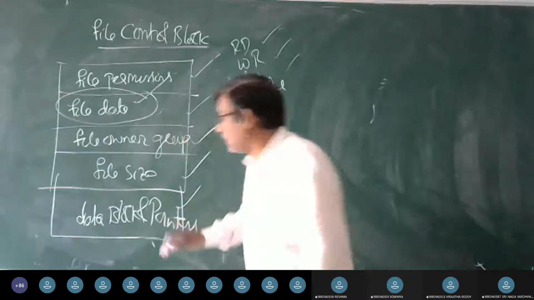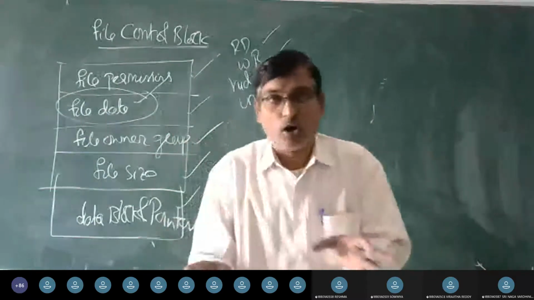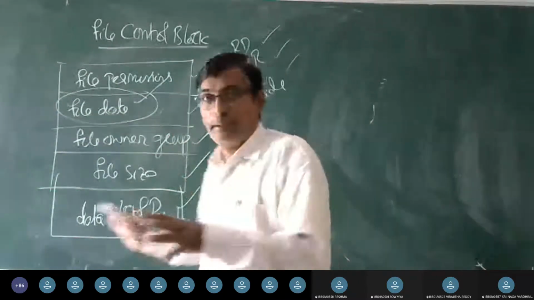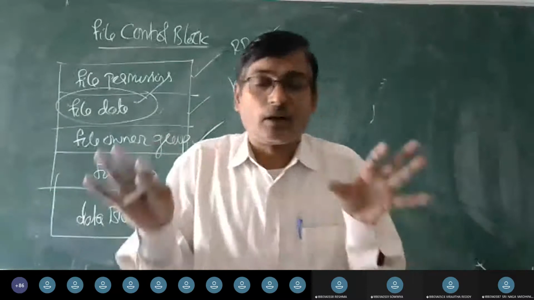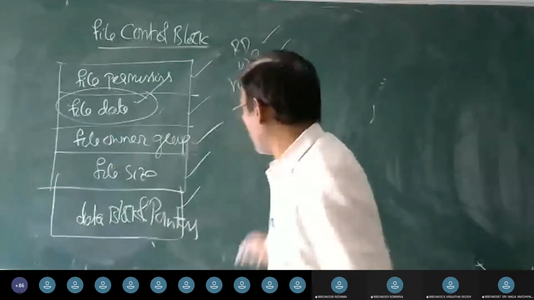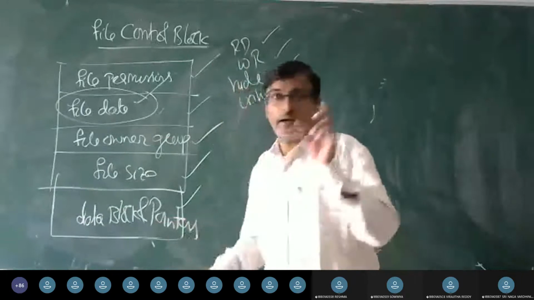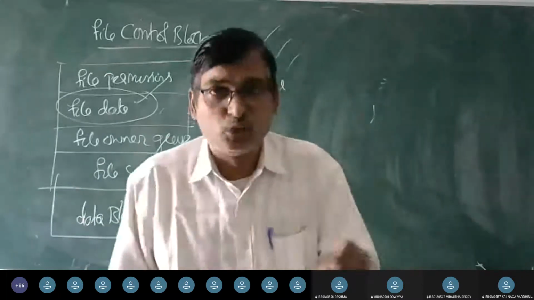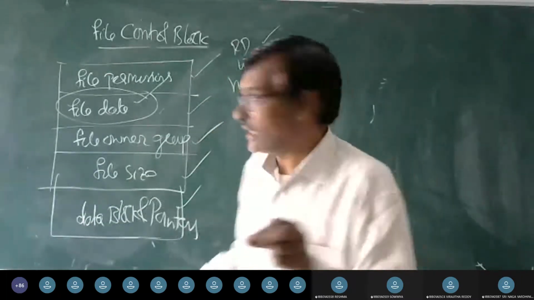Next comes how many disk blocks are occupied by a file. That is where the disk blocks and the number of pointers allocated to that file are designed.